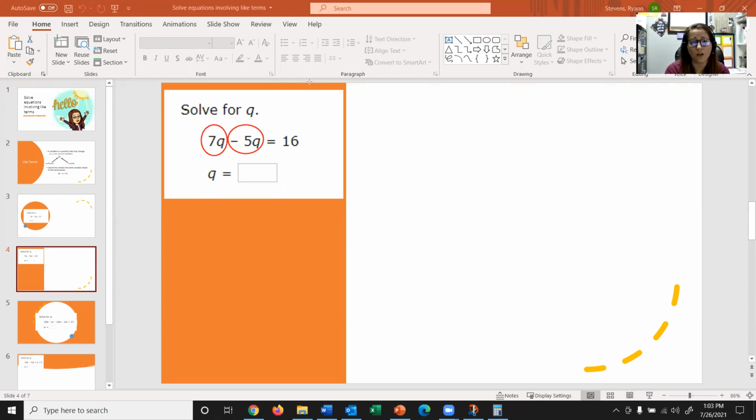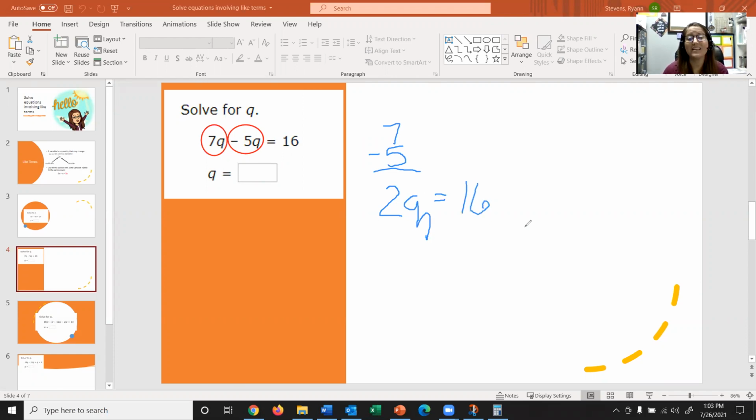Now we can actually solve. We can take these coefficients and say, okay, so I've got 7 minus 5, and that's going to give us an answer of 2. And then we're going to bring this variable back to this because now we have that coefficient that's going to go with the variable. We're going to say 2q is equal to 16.